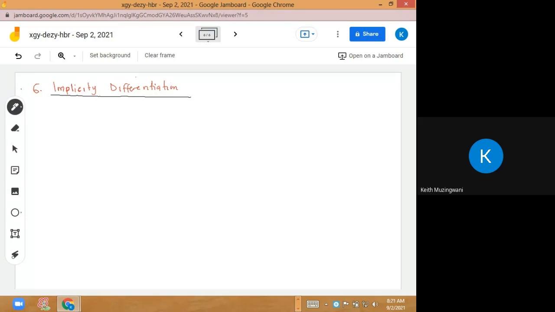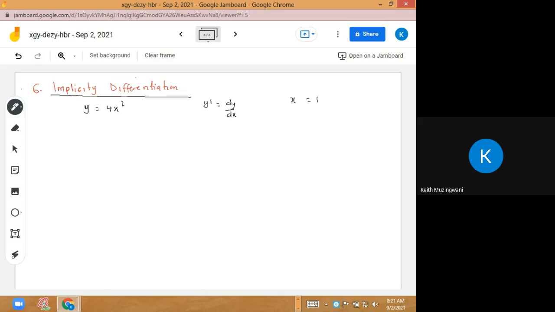This one, if you observed in the previous rules, when you have y is equal to 4x squared, for example, and we are asked to find y prime. Now y prime is the same as dy dx. So what we do here is, for you to move from this step to y prime, you actually differentiate y as if it was x. When we say the derivative of x, we get 1.